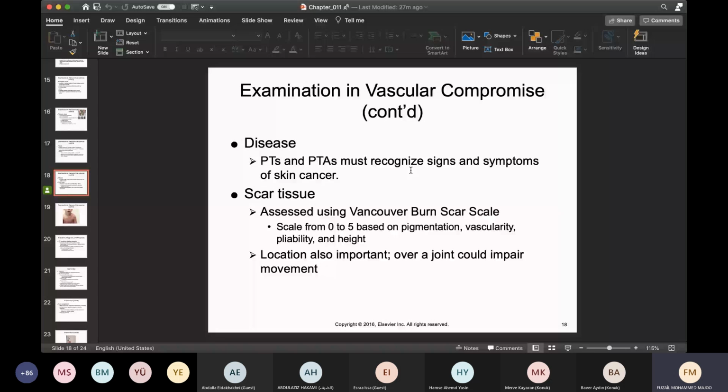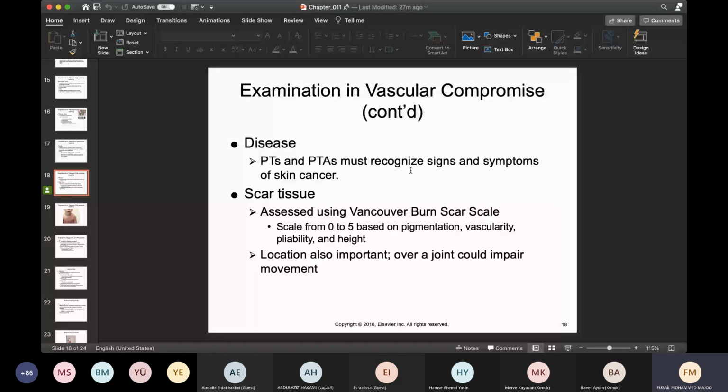Or for moles, a nevus, if there is a change in the mole. A lot of girls, especially, call it a beauty mark. If it's changing in color, size, or shape, then this is something that you need to be concerned about. All these things you have to be aware of.